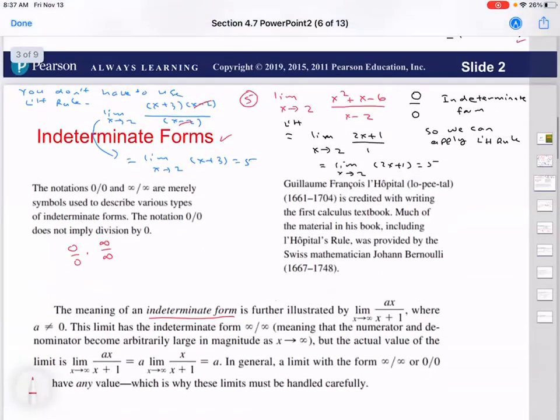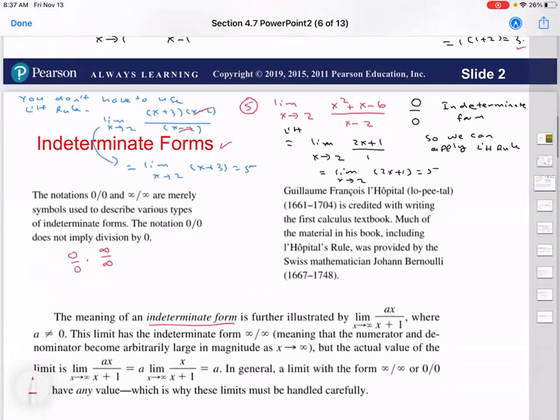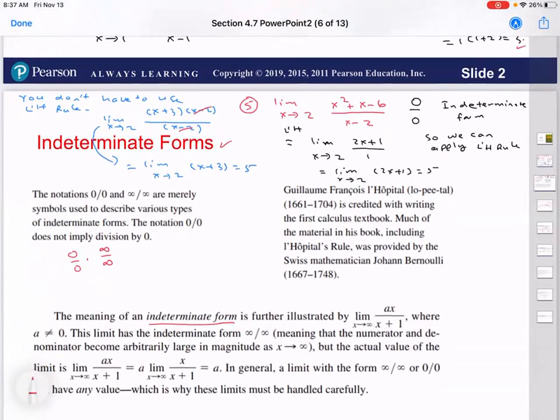Now, let me give you another problem. A similar problem. How about, can you see this?